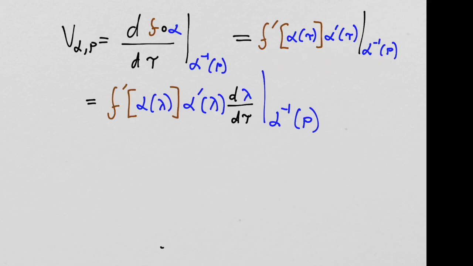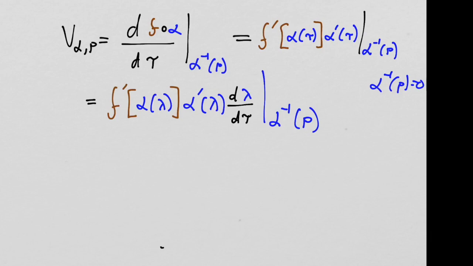This is basically the derivative of the function f acting on the function alpha of tau, multiplied by the derivative of alpha with respect to tau. And it's all then evaluated at the alpha inverse of the point P, which will usually be 0. We're setting these functions up, by the way, so that alpha inverse of P equals 0. So that's important to understand.